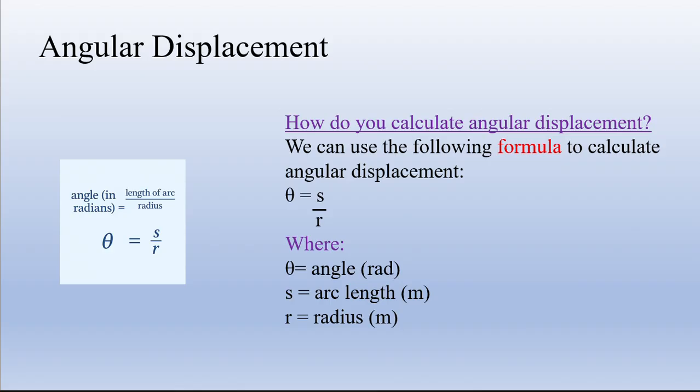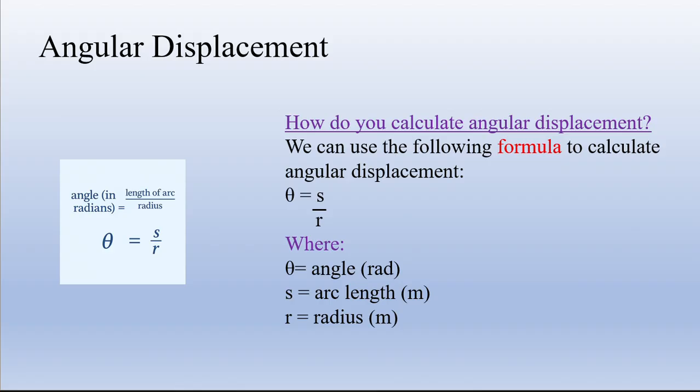In other words, angle equals arc length divided by radius, with the angle in this case being angular displacement. In terms of symbols, we can describe that as theta equals s over r. Theta is the angle in radians, s is the arc length in meters, and r is the radius in meters.